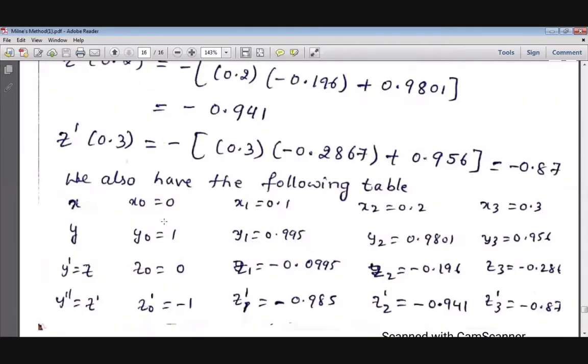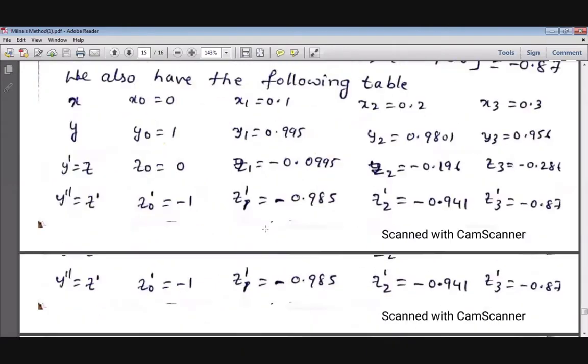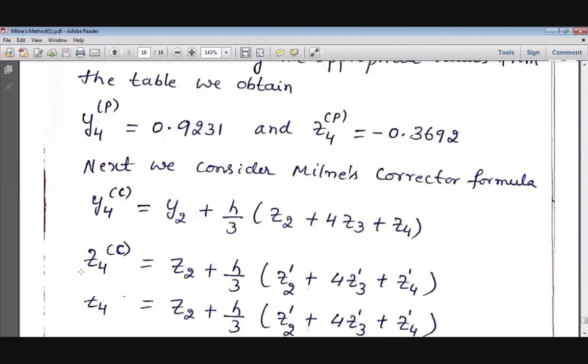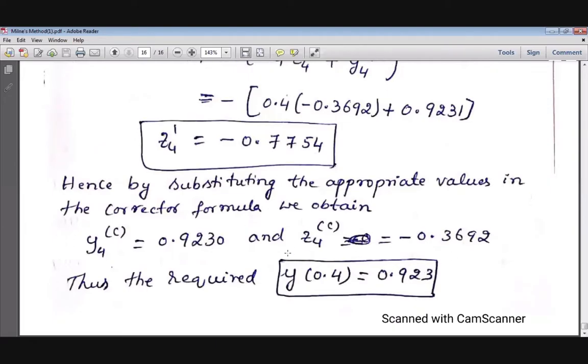By this. How we calculate z0 dash, z1 dash? By using that, find out z4 dash. Okay, this one we did. Okay, next y4 of c and z4 of c will be this much, 0.923.